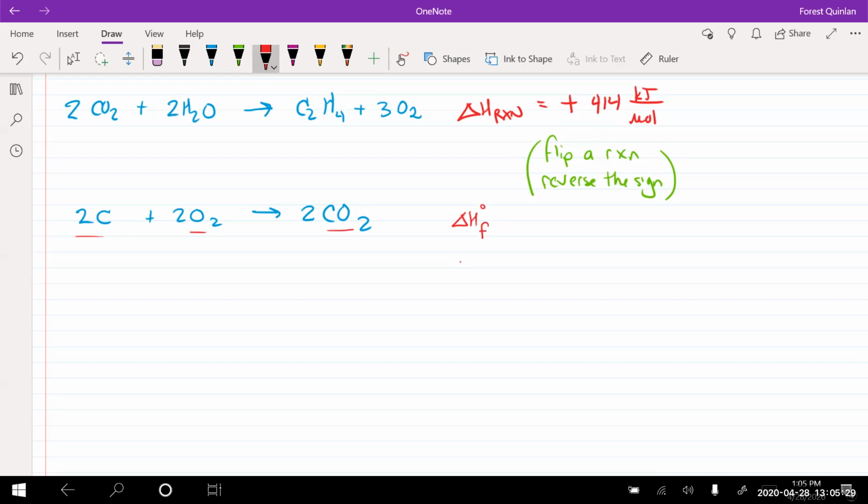So this is the delta H naught of formation. We have that number of negative 393.5 kilojoules per mole. But since I now have this 2, so I have twice as much stuff, I'm going to have to multiply this by 2 as well. I should get twice as much energy.